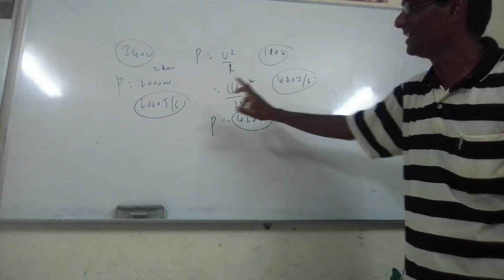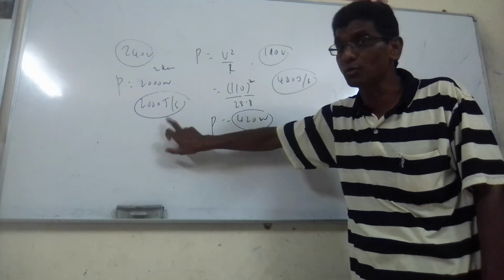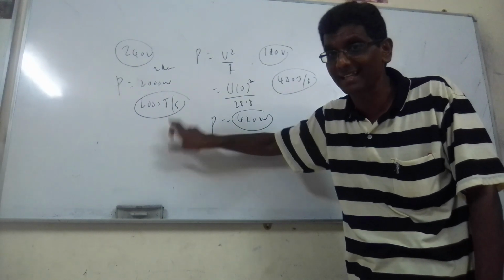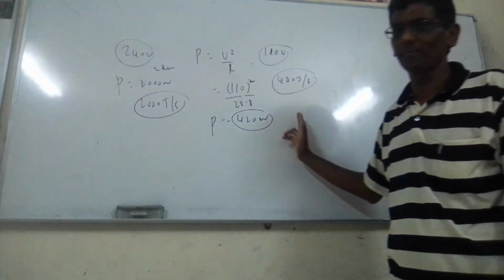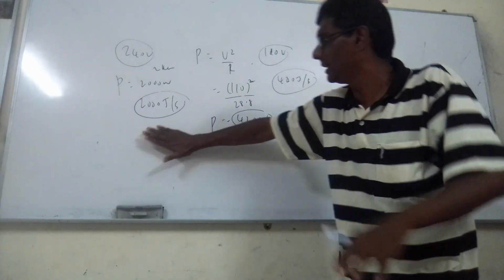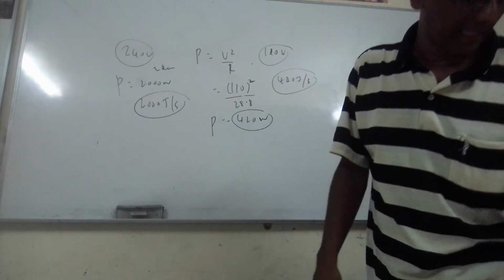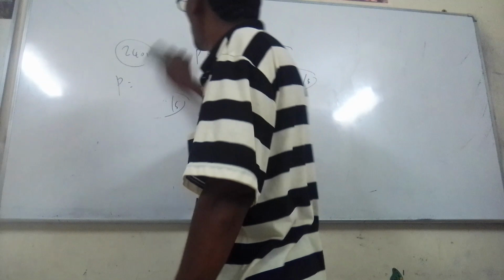But at 240 volt the water boils faster, because it is 2000 joule per second. That is the benefit: you can boil the water faster, while this one boils the water slower. Okay, and we're going to do another question.